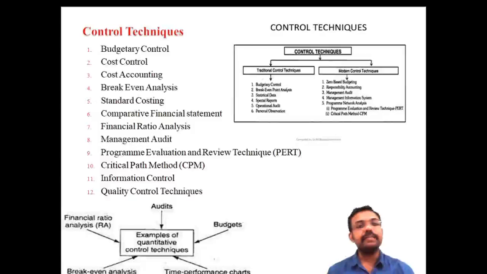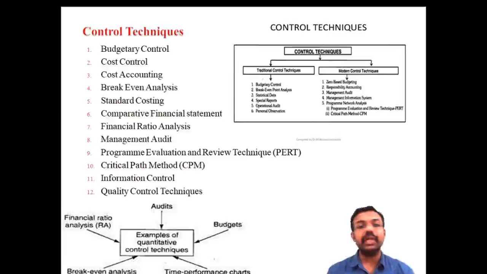The first one is budgetary control, then cost control, third cost accounting, break-even analysis, standard costing, comparative financial statement, financial ratio analysis, management audit, program evaluation review technique, also known as PERT, CPM which is the critical path method, information control, and quality control techniques. These are the important techniques used for controlling.